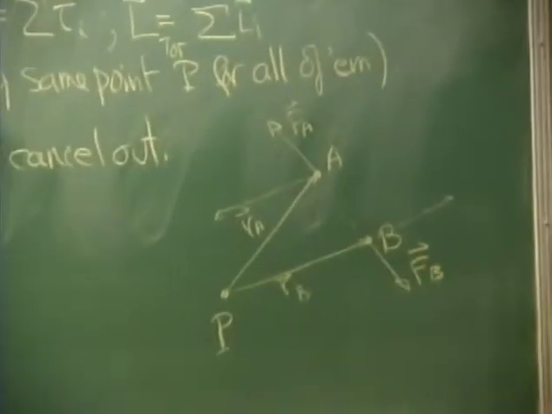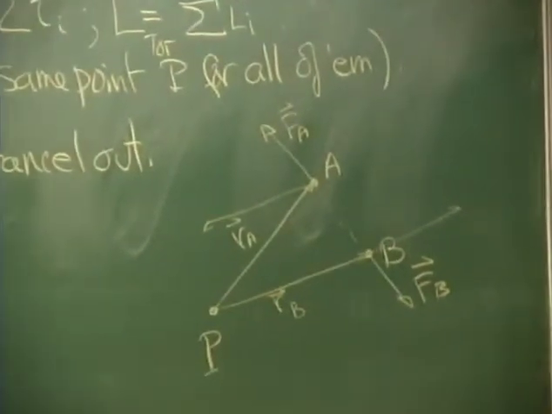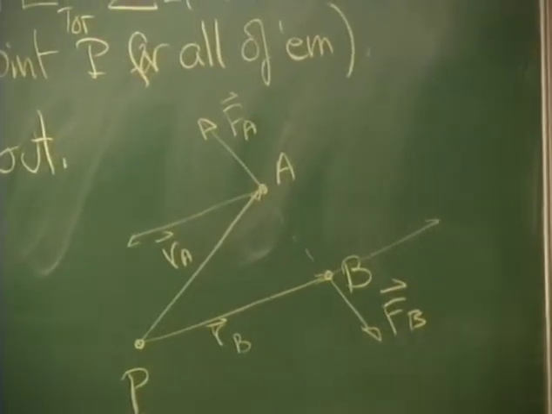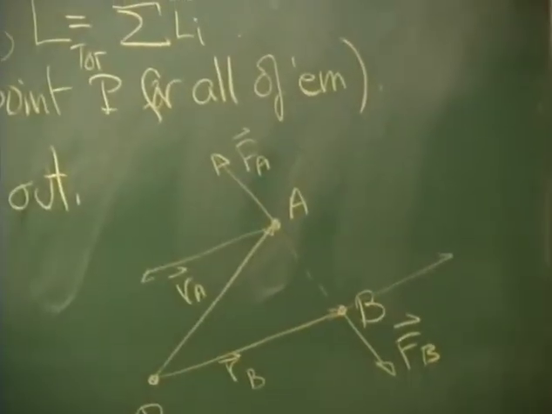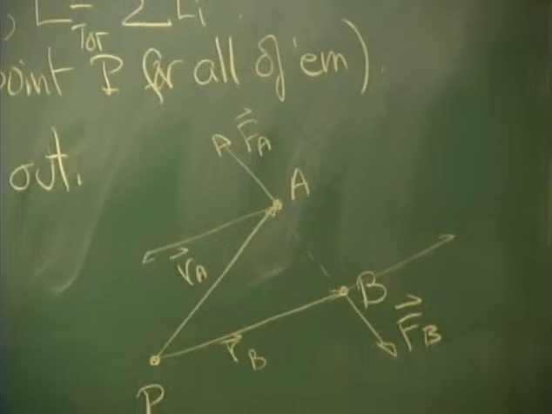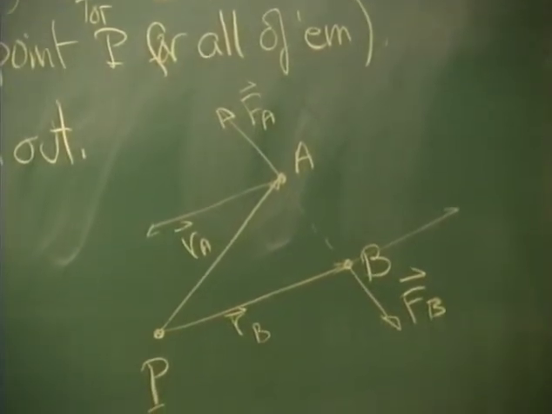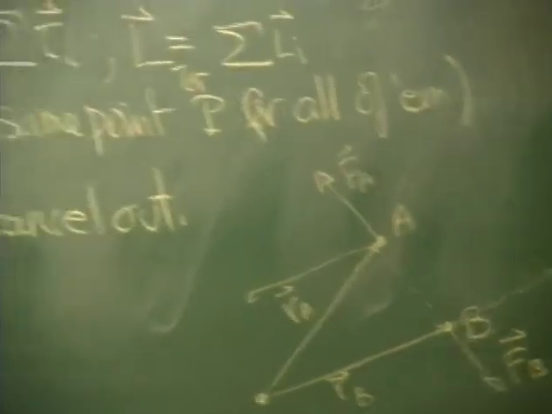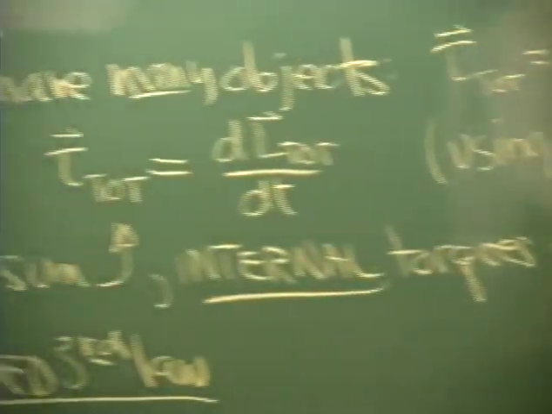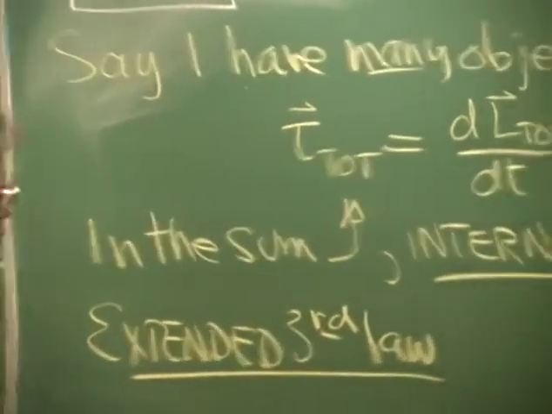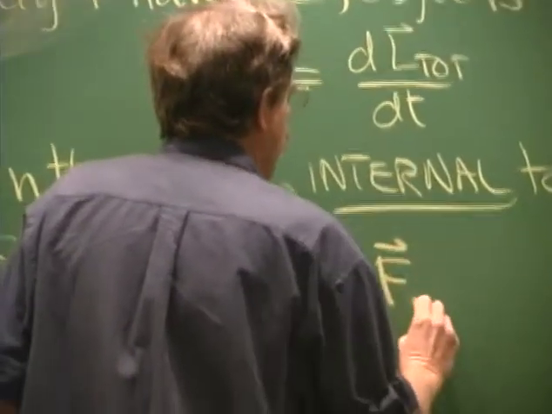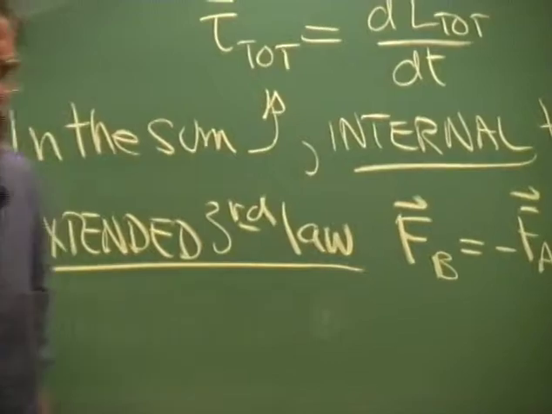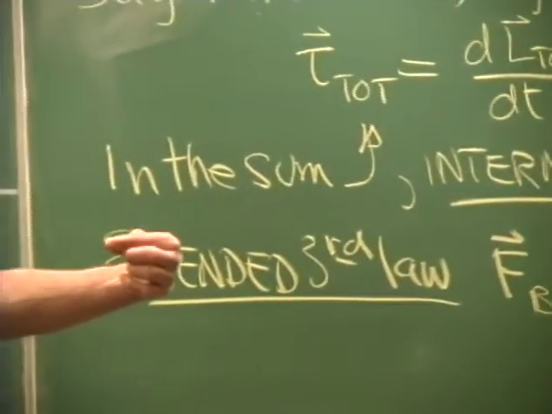But if we pump up Newton's third law, what some people call the extended or the strong form of Newton's third law, to say not only that the forces are equal and opposite, FB is minus FA, but also that they act along the line joining the two.